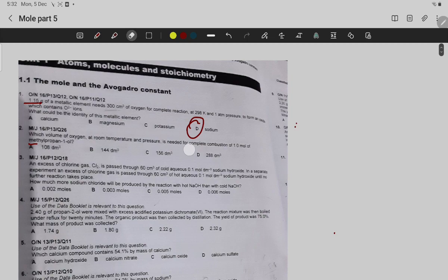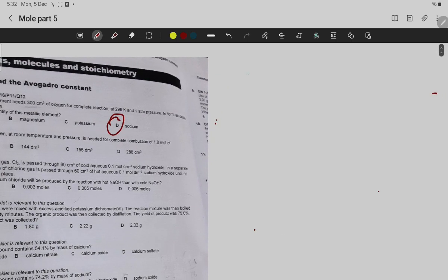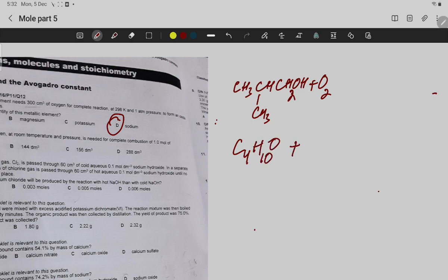This is needed for complete combustion of 1 mole of methyl propan-1-ol. This is the methyl propan-1-ol: CH3, CH3, CH2OH plus oxygen, or in other words we can write C4H10O. This is the molecular formula of this compound, to form carbon dioxide and water.